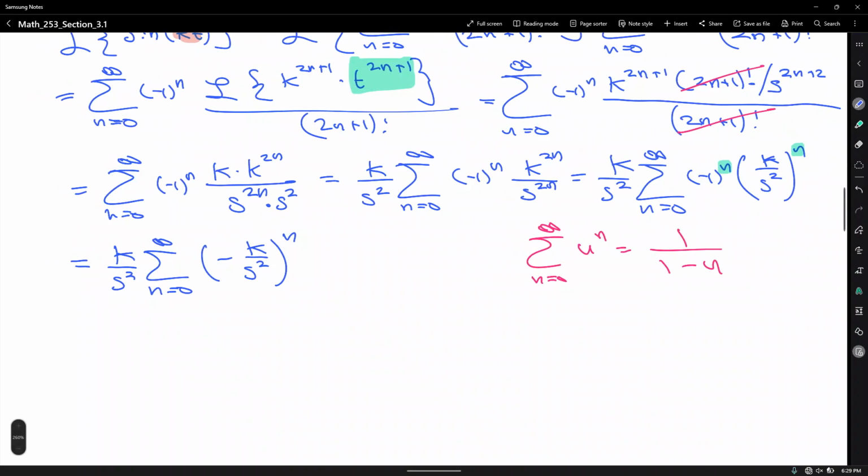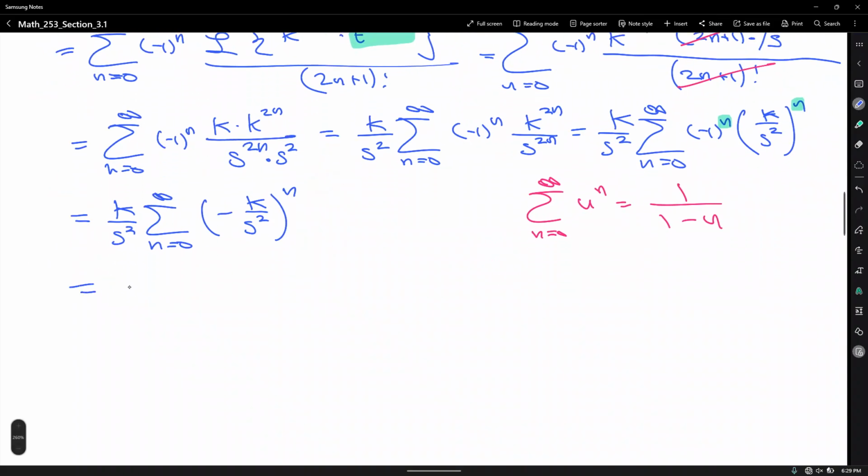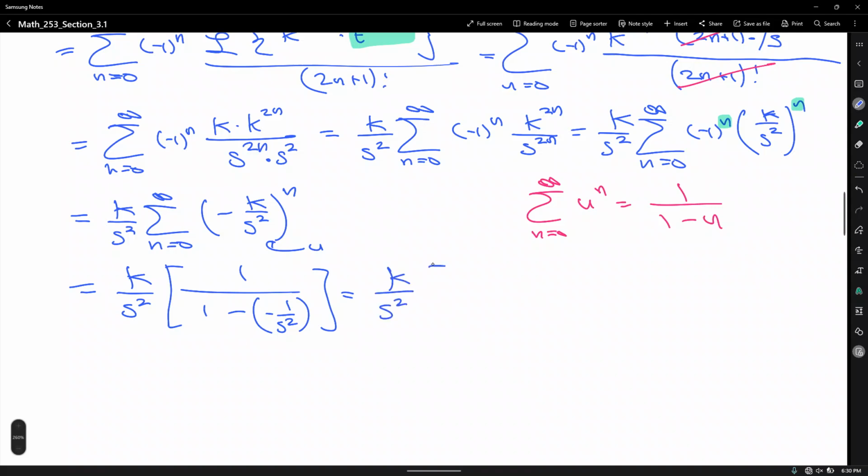So I'm going to rewrite this instead: k over s squared times 1 over 1 minus u. But what's u? Isn't that negative 1 over s squared? And then by the smile rule, smile, be positive: k over s squared times 1 over 1 plus 1 over s squared. I'm just going to multiply this across.